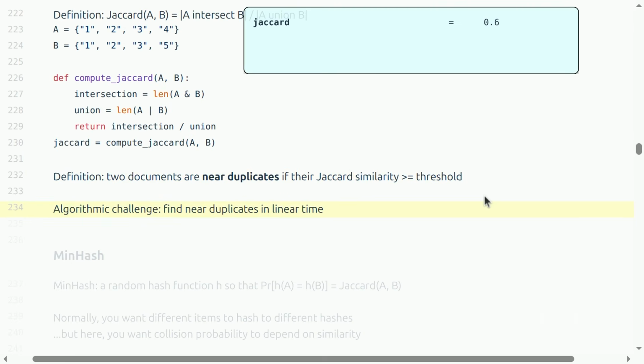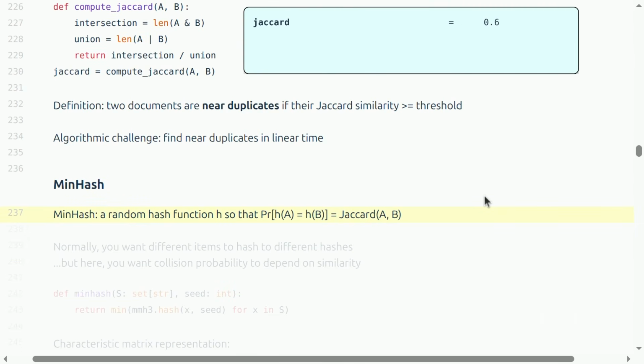Fortunately, this is a solved algorithms question, and the answer is to use MinHash. That's not the final answer, but the first step. MinHash is a random hash function such that the probability of a hash collision is exactly the Jaccard of A and B. This is a very nice property because hashing is good for making things linear time, Jaccard is the metric that we want, and we're connecting these 2 in expectation.